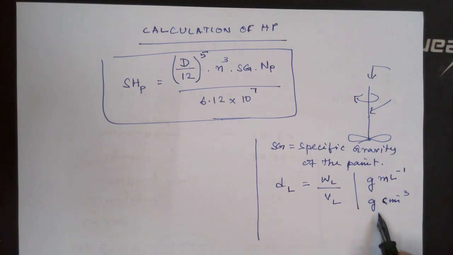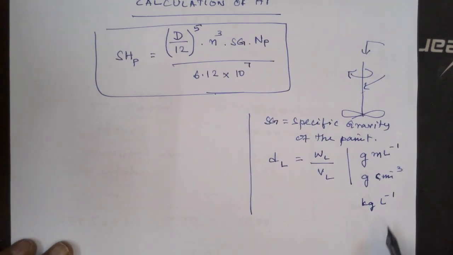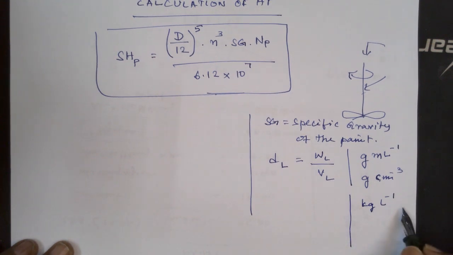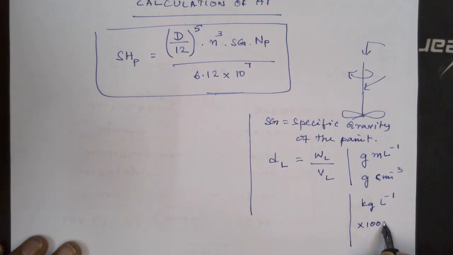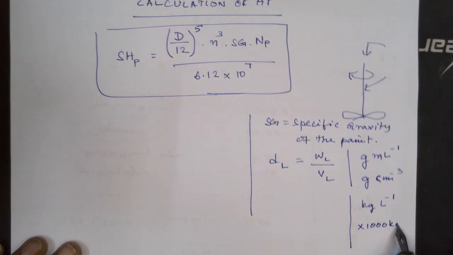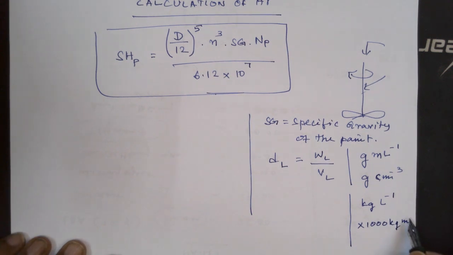Sometimes they express it in kilogram per liter, and some people represent it in kilogram per cubic meter, in which case you have to multiply by 1000. I will tell you the details of how to arrive at the units later.